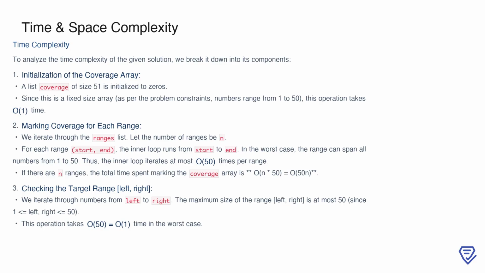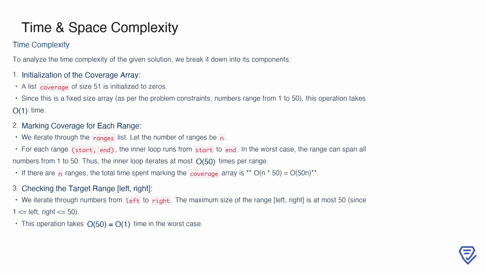If there are n ranges, and each range can span up to 50 numbers, the inner loop marking these numbers can run at most 50 times per range. This gives a time complexity of O(50n) for marking all ranges. Finally, we check if all numbers in the target range, left, right, are covered. Since the maximum size of this range is also 50, this operation takes constant time, or O(1).